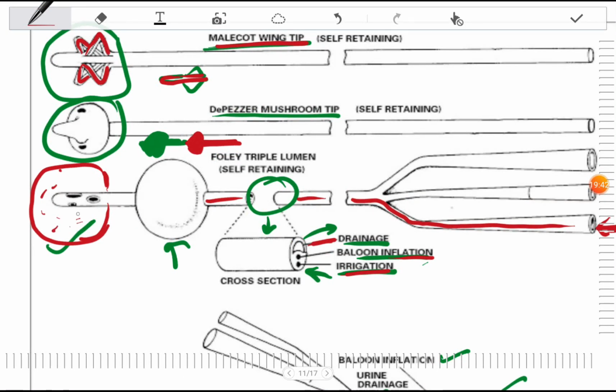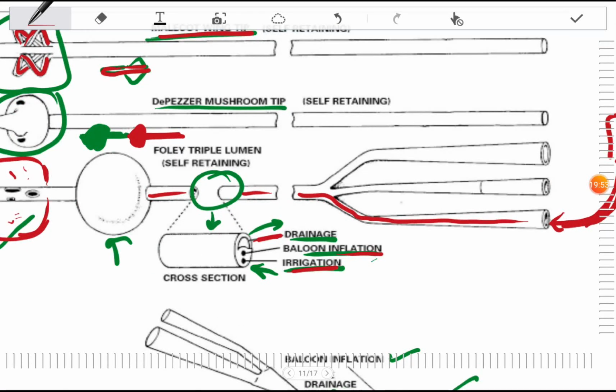So this is the irrigation solution, and it depends upon the type of solution that we want to keep in the bladder, or the amount of time we want to keep the solution in the bladder.